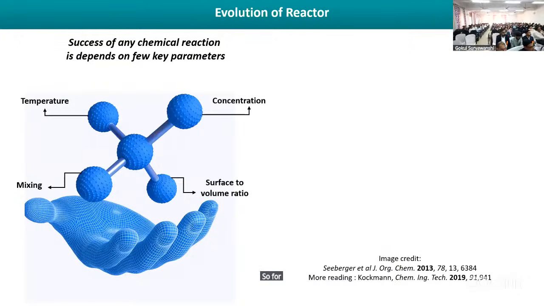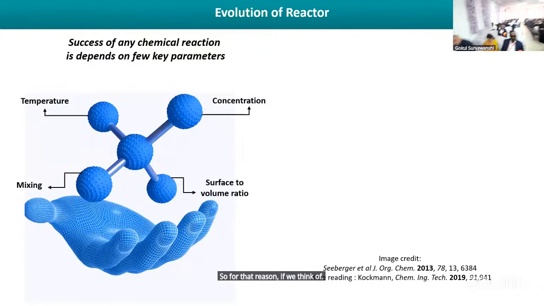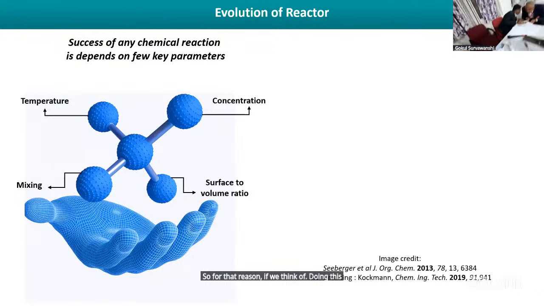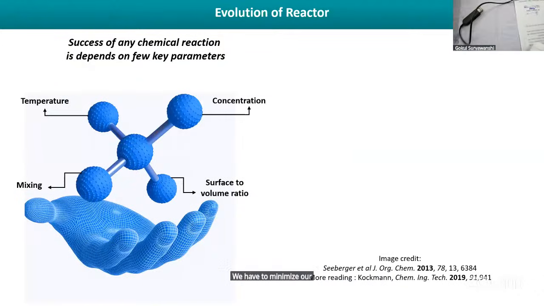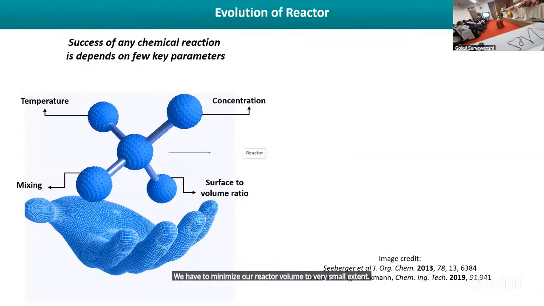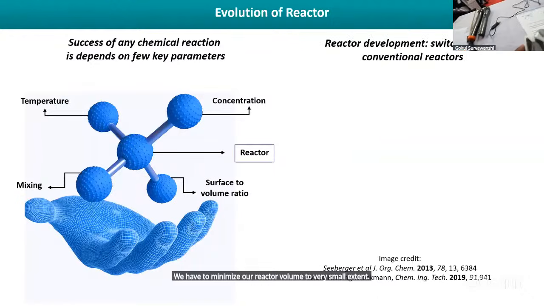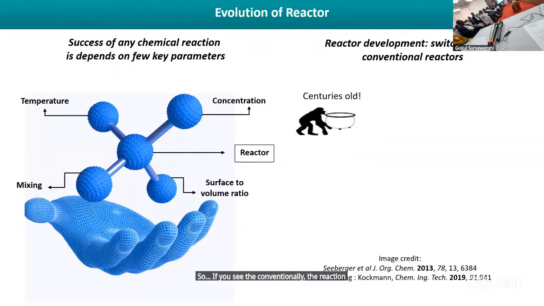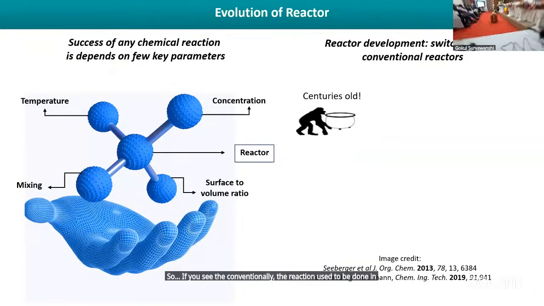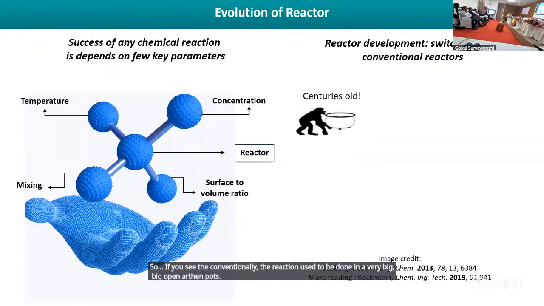So if we want to get a higher surface to volume ratio, we have to minimize our reactor volume to a very small extent. Conventionally, reactions used to be done in very big open earthen pots, which is centuries old.